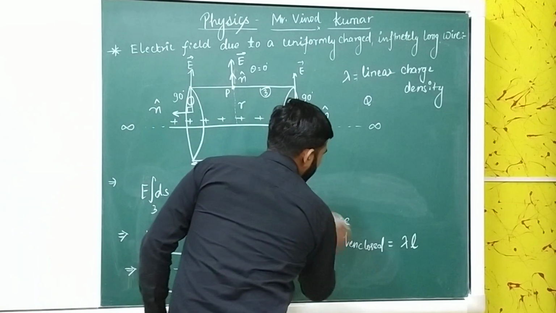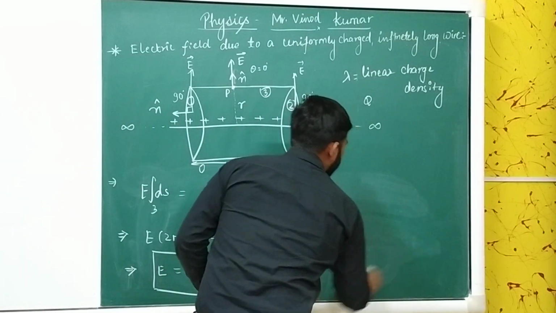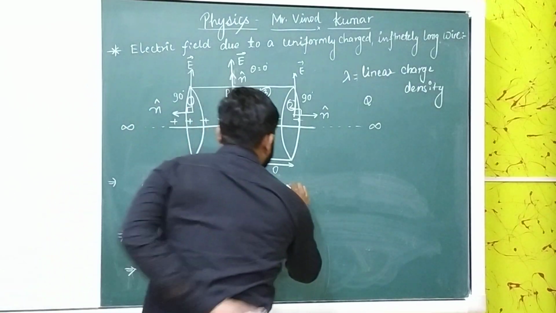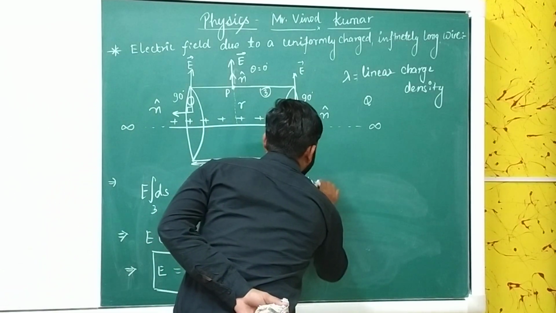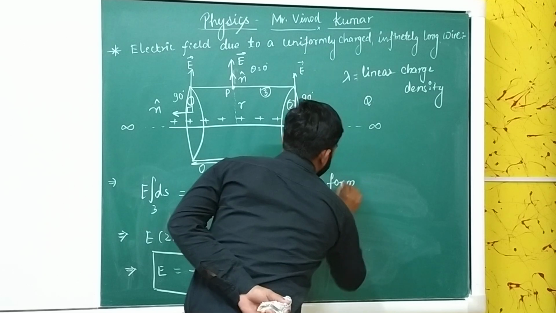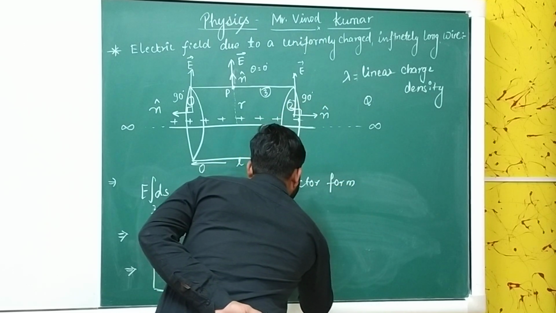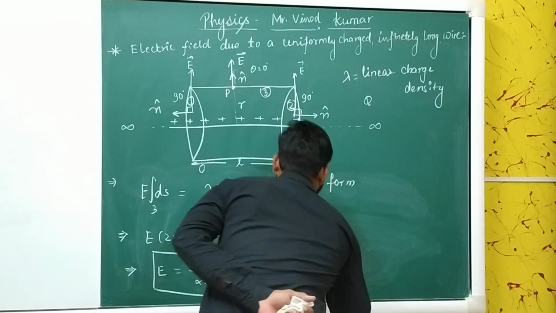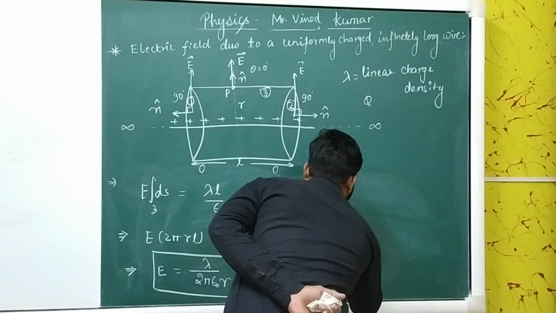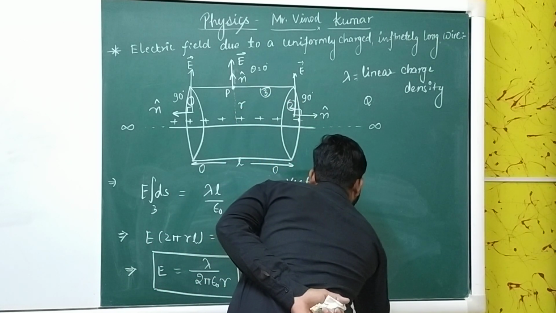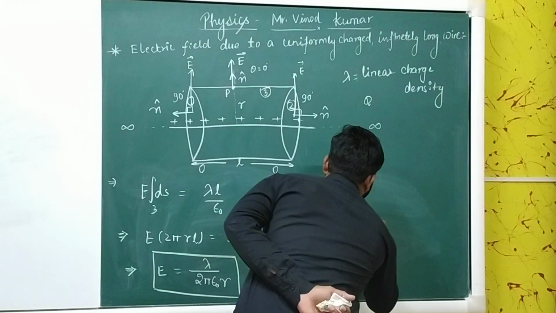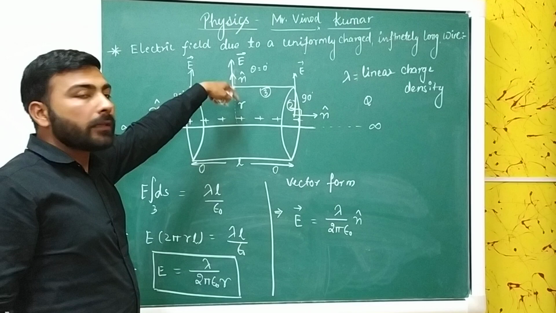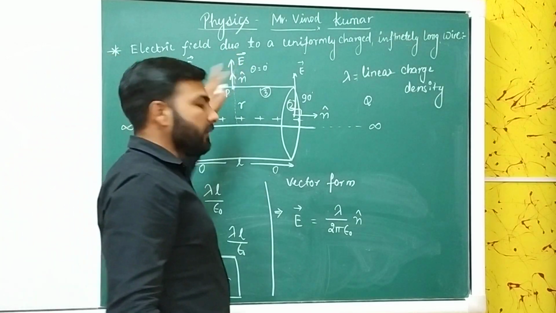Okay. And now if we want to write the electric field in vector form, it will be E vector equals lambda upon 2 pi epsilon naught n cap. And this n cap is the unit vector along the area vector of the curved surface.